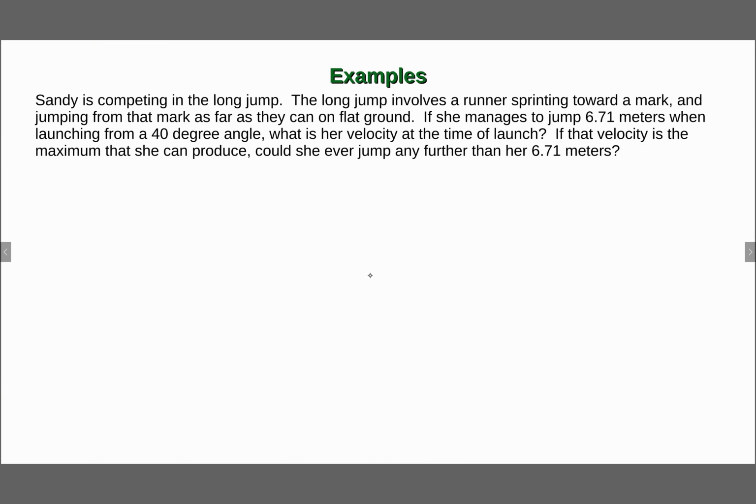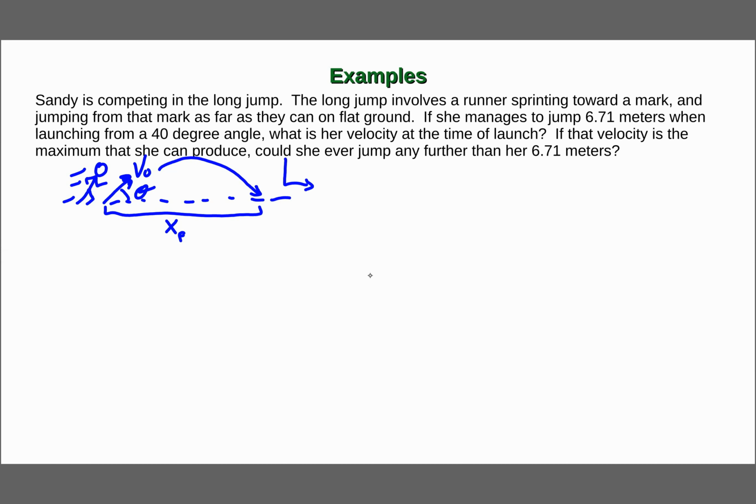So let's start by drawing a picture. So we have Sandy. She's jumping. So she has some initial velocity as she leaves the ground, v naught. It's at some angle theta above the ground. And then she's going to follow projectile motion and land somewhere along the ground, xf.